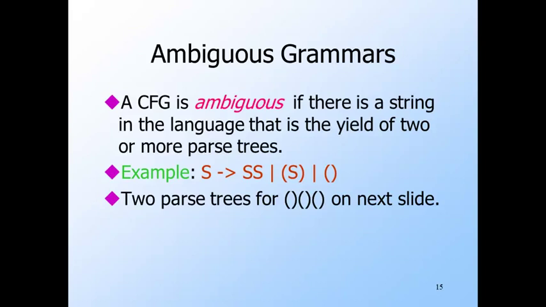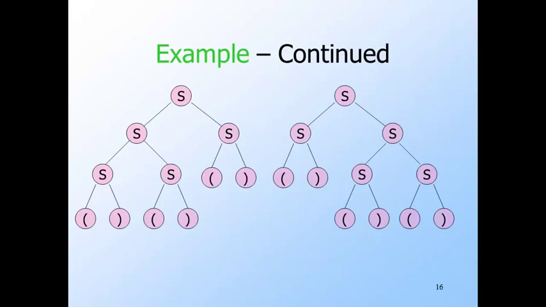I'll show you two parse trees for this balanced string, that is left, right, left, right, left, right, on the next slide. Notice that each of these trees has the same yield, that is 3 pairs of left and right parentheses. However, they are evidently not the same tree.